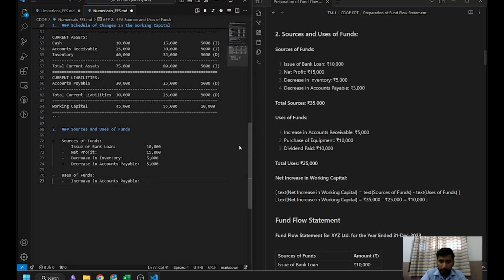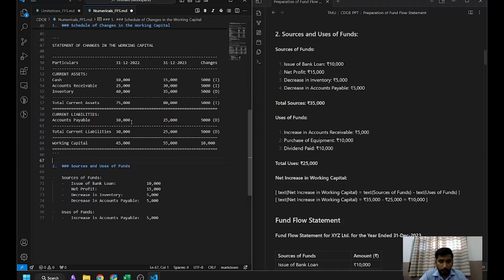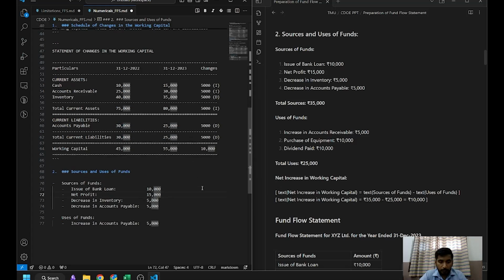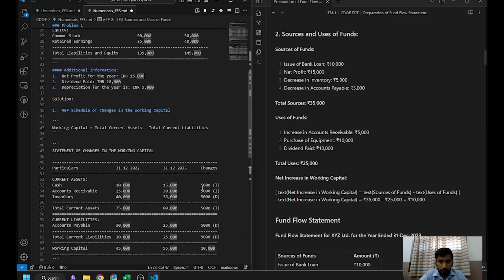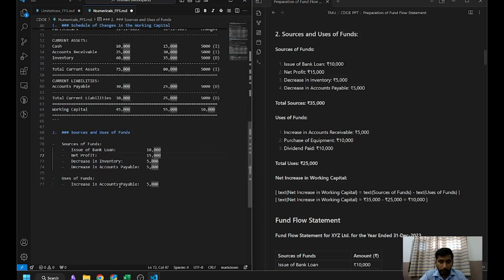Accounts payable got increased by rupees 5,000. Sorry, accounts receivable, by 5,000.